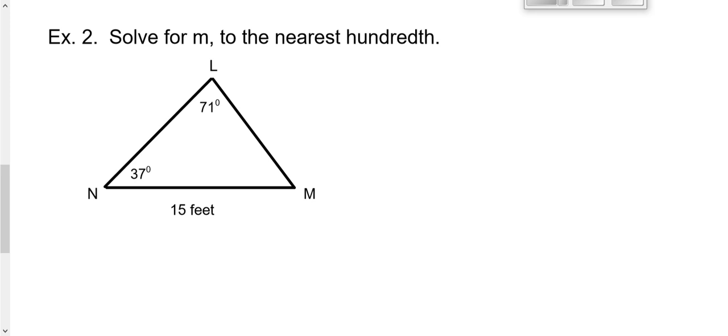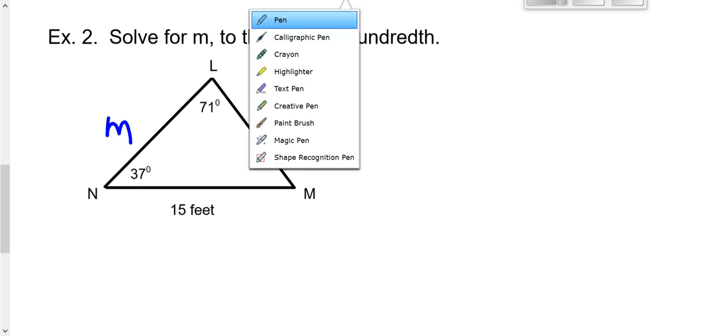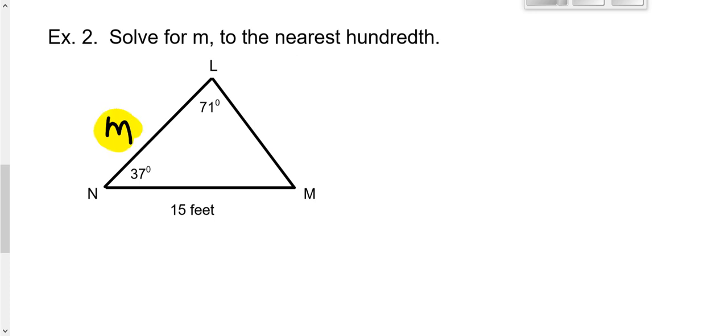Okay, next question. So if you have a look, solve for m to the nearest hundredth. Okay, so this is my big M. That means my small m is here. That's what I'm trying to find. If you want, because you may get confused, where are my A, B, and C? You can just change the notation.